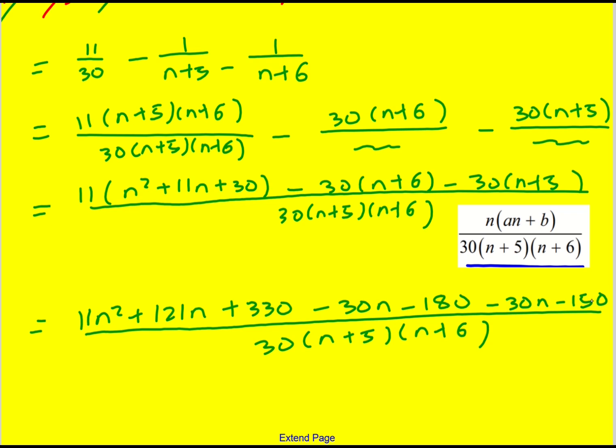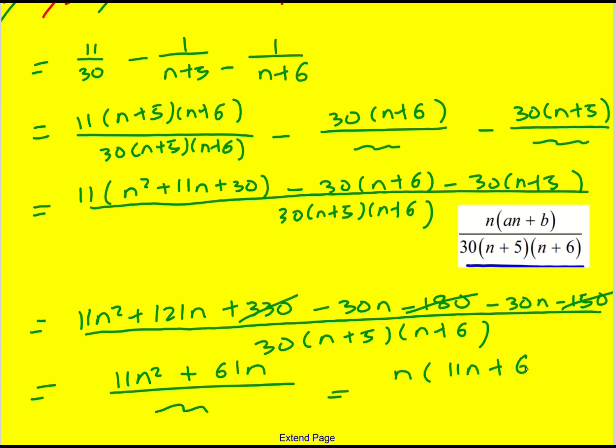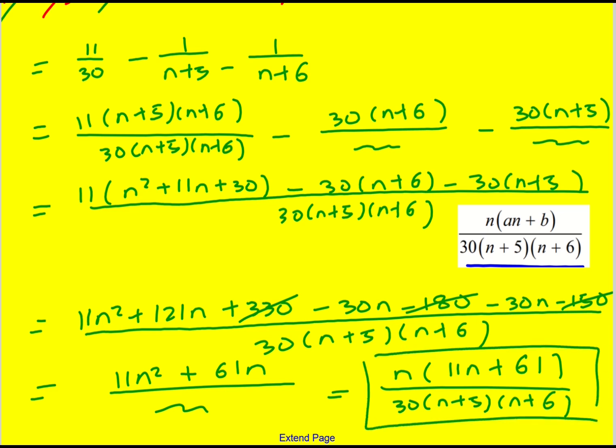Now minus 180 minus 150 is minus 330, so these just cancel. And 121n minus 60n gives us 61n. And finally, just going to factorize out the n. I will get n(11n plus 61) over 30(n plus 5)(n plus 6). Nice question. Well done.